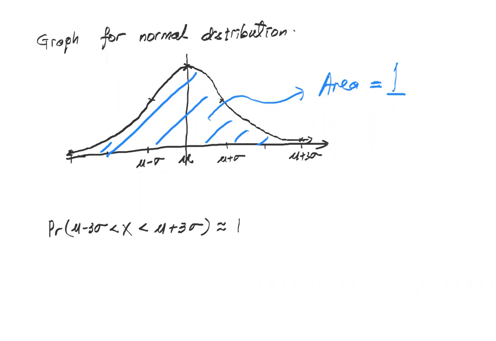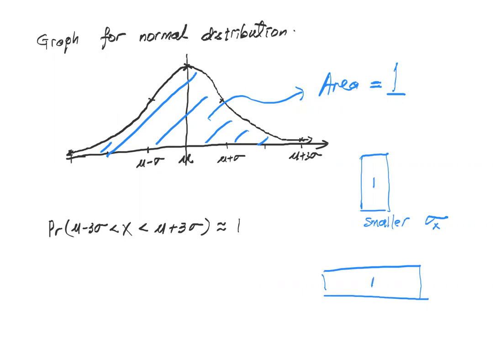If it's a smaller spread, the graph will be higher. It's exactly like a rectangle: smaller standard deviation, taller rectangle; bigger standard deviation, shorter, because the area is always 1 unit.